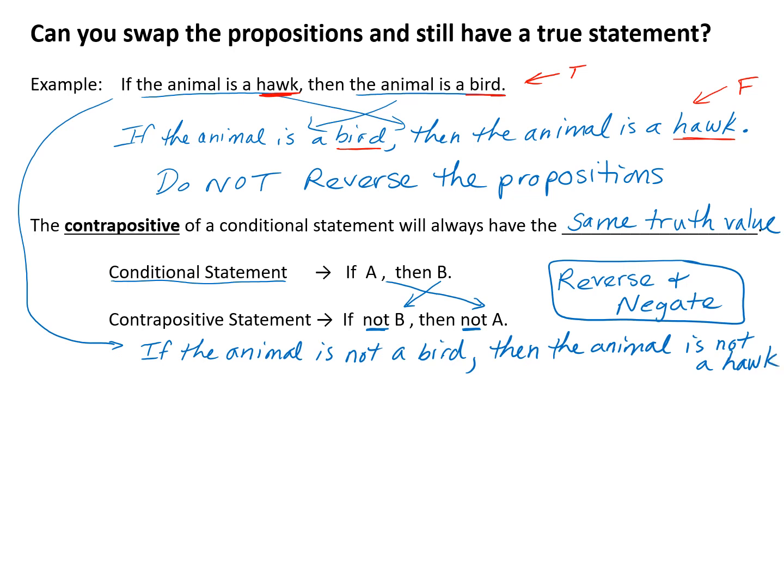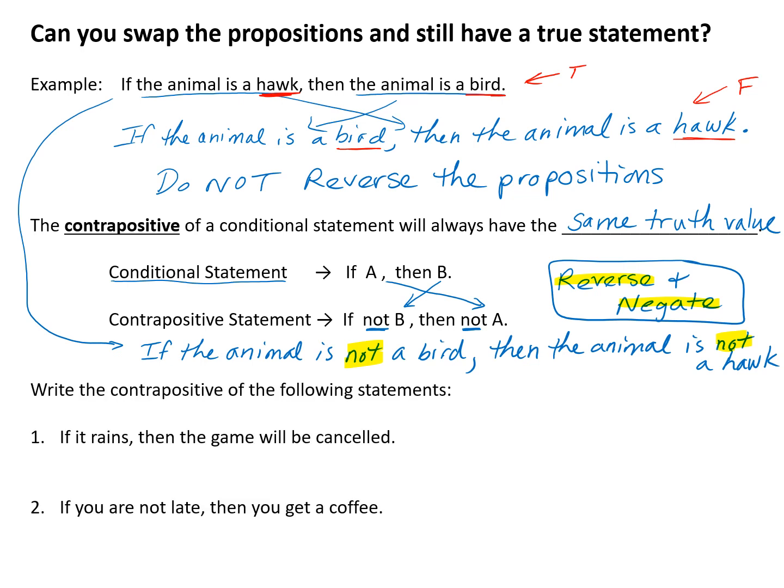So I have negated both statements in addition to reversing them. I have to negate and I have to reverse to get a true statement. And if you look at this scenario now, it does make sense. If the animal is not a bird, there's no way it can be a hawk, right? Because hawks are birds. So the contrapositive of a conditional statement will always have the same truth value.